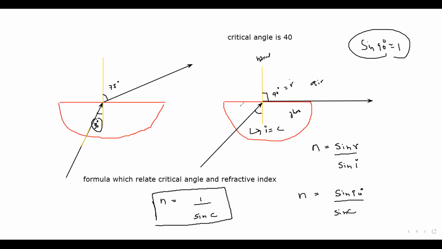So, for example, if we have a glass, the light is moving from glass to air, from denser to rarer, and the formula is refractive index is sin r over sin i. What is r? Whenever the critical angle is there, the angle of refraction is 90. So in place of r, I can put 90, and sin 90 is equal to 1. So we can say n equals 1 over sin c.